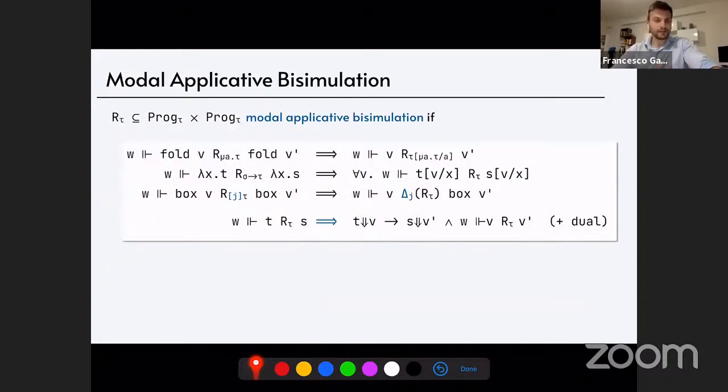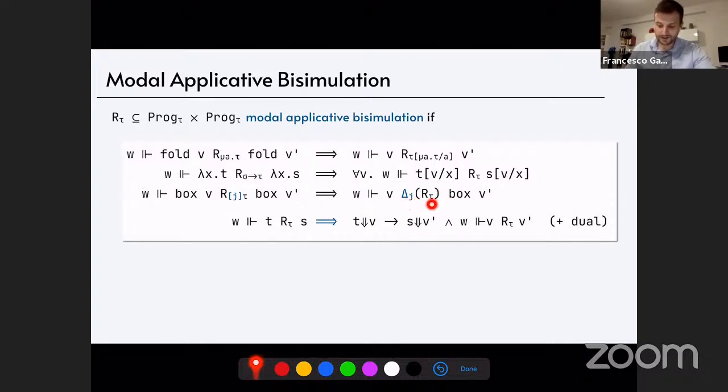All right, and now that we have this mathematical abstraction, we can actually complete the definition of a modal applicative bisimulation. We have seen the previous clauses are the same. Now, the interesting thing is that when the two programs that are used according to the modality J at world W are equivalent, or here there is a typo, there should be no box here, just V and V prime, still at world W, but this time the equality is modified by the comonadic Lax extension.